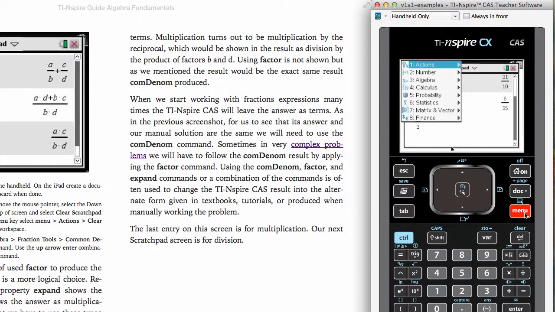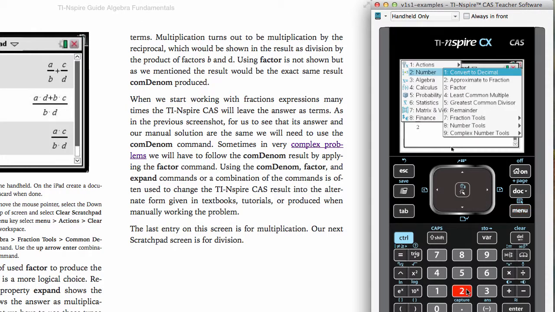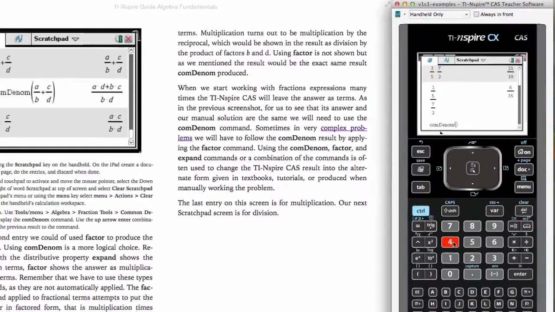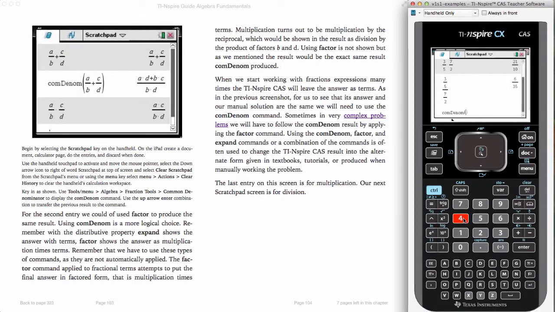So let's go to menu, let's go to number, let's go to our fraction tools, and you will see there is your common denominator. So this is how you bring up the command to do common denominators. So again, if I plug in a over b plus c over d, it will give me this answer.